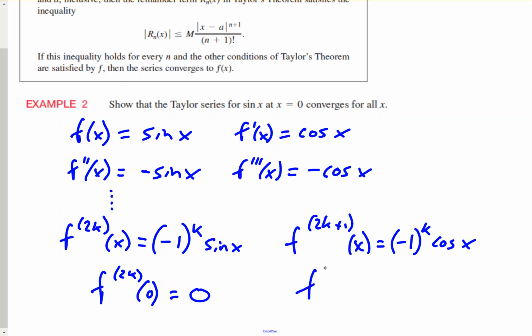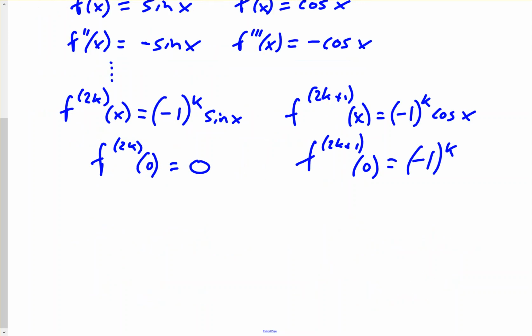So when we do f of 0, this will be negative 1 to the k. So we notice that all the even power terms are going to turn into 0. All the odd power terms are going to turn into negative 1 or positive 1.